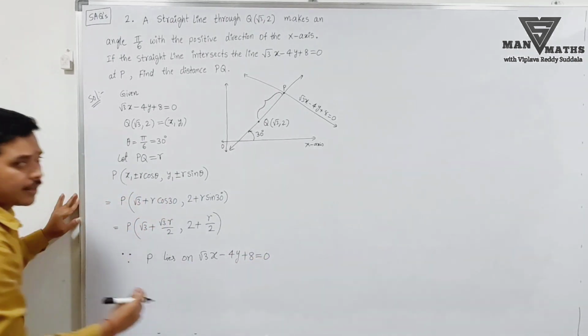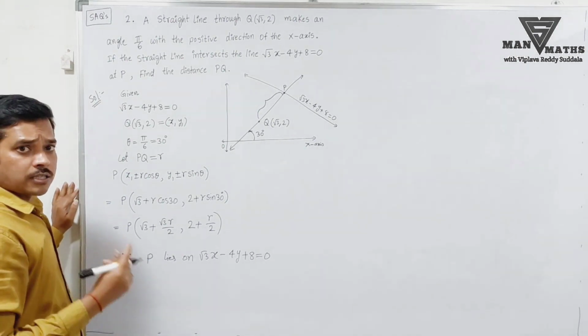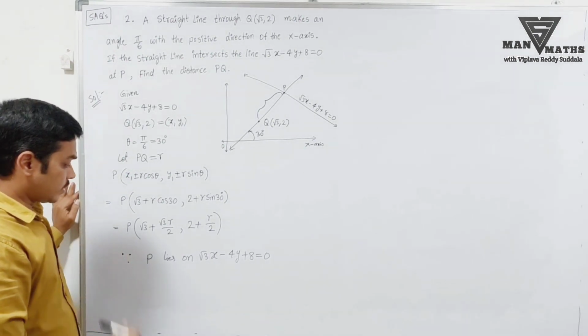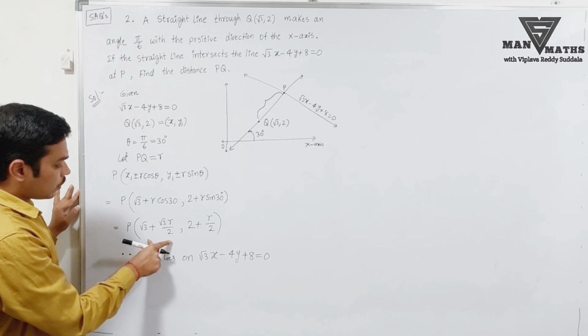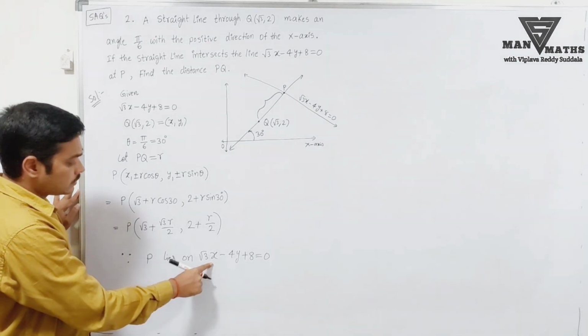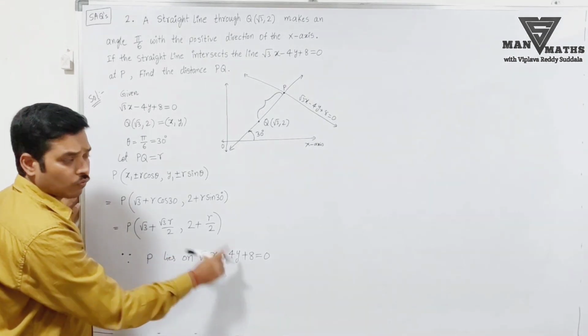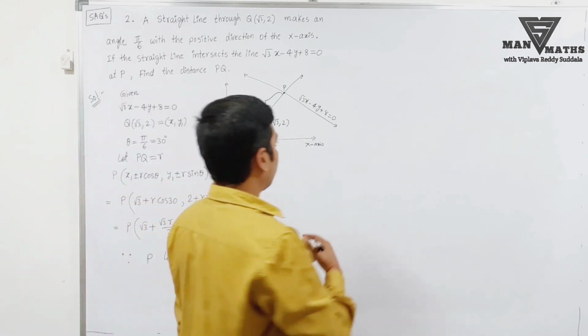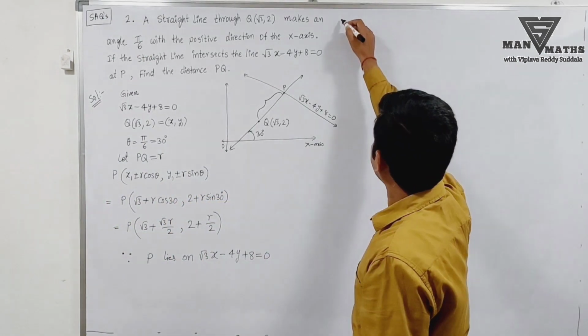If a point lies on a line, it should satisfy the given equation. Now replace the x coordinate in the place of x, y coordinate in the place of y. We get the r value. Now simplify this equation.